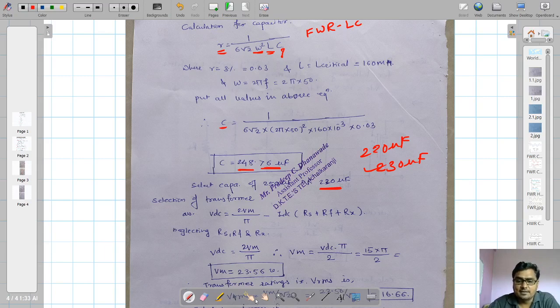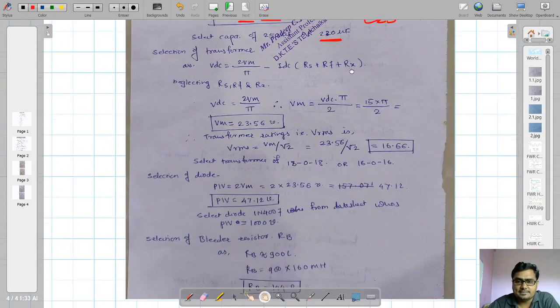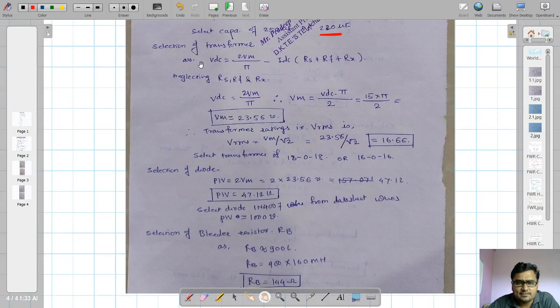Now I'm done with the calculation of the capacitor. Let's calculate the transformer and diode. Look at the equation for the full wave rectifier with an LC type of filter. VDC is equal to twice Vm by pi. This is VNL, and this is the practical voltage drop across the circuit.